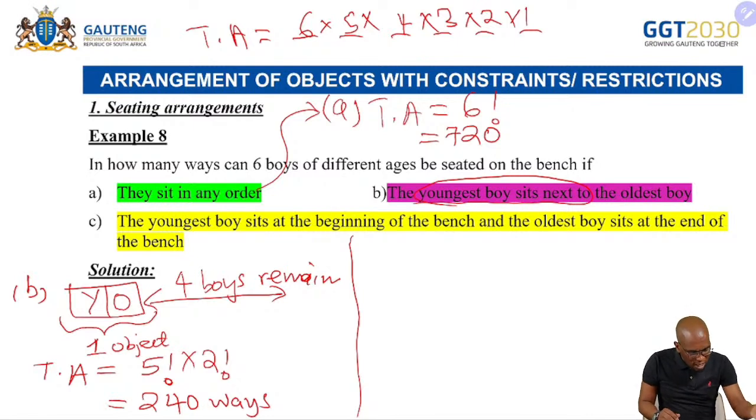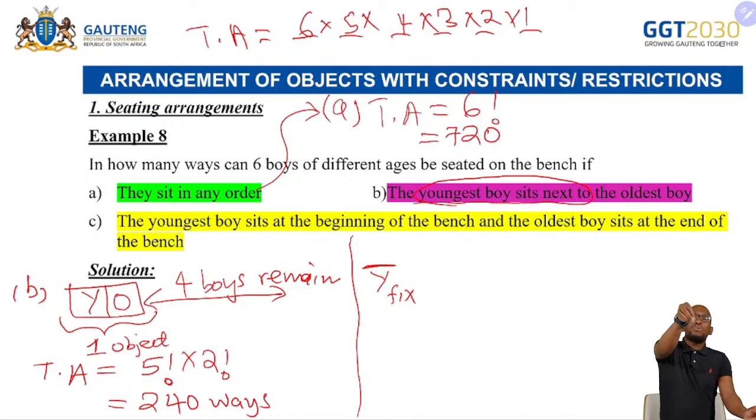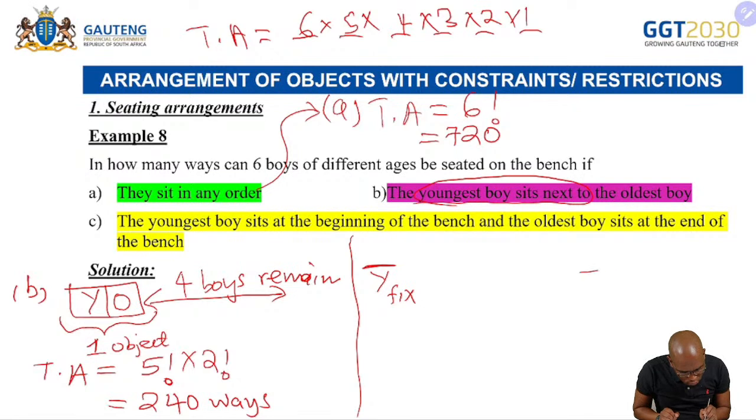Right, moving right along, the youngest boy sits at the beginning of the bench and the oldest boy sits at the end of the bench. That is another restriction. So this would be occupied by the youngest. You need to fix the position of the youngest because he should be in the beginning of the bench, and we need to fix the position of the oldest here.